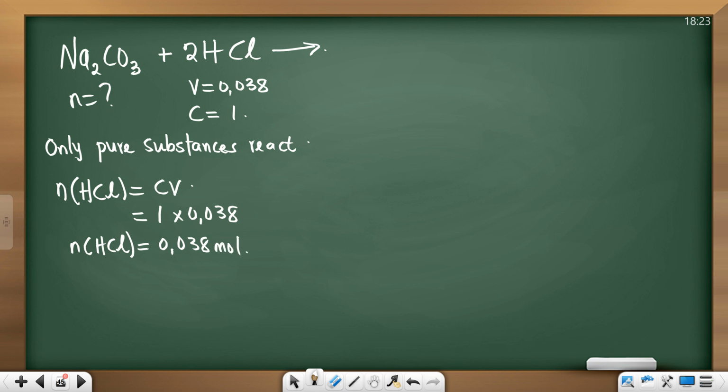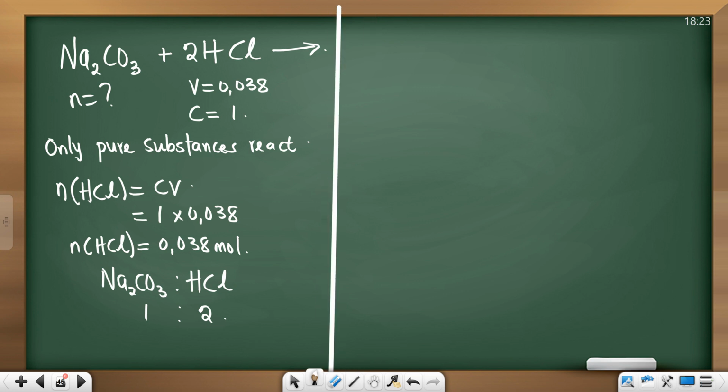I don't even understand what he's doing. I'm going to make this clear. Now, mole ratio. 1:2. Acid and base. There's something about that topic that just excites me.